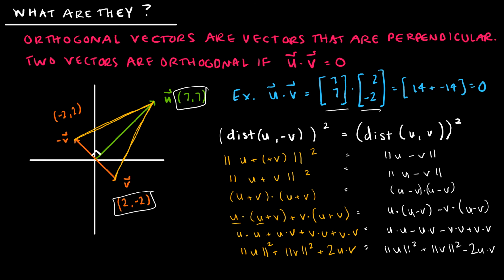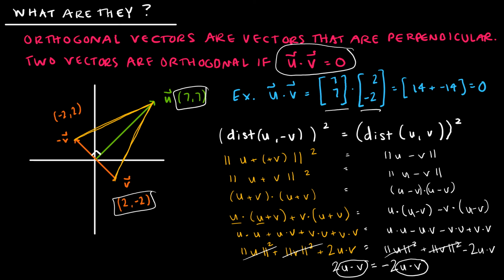So essentially what we're saying is for these distances to be the same, these obviously are the same, these obviously are the same, we need 2 u inner product v to be equal to negative 2 u inner product v. And the only way that that's going to happen is if u inner product v is 0, because 2 times something is not going to equal negative 2 times something unless that something is equal to 0. So that's where this comes from.